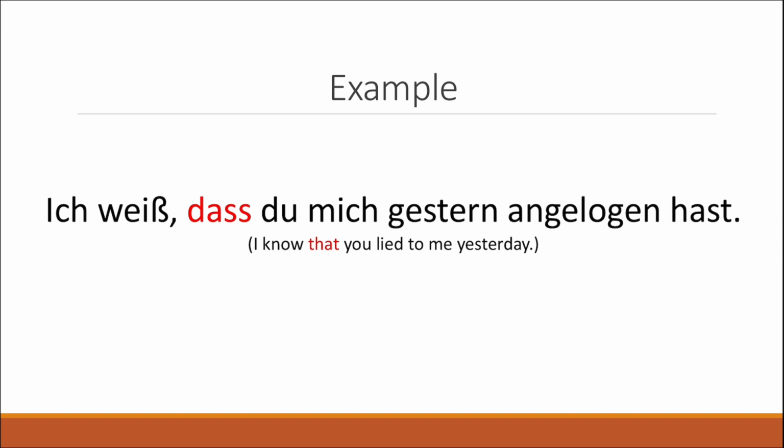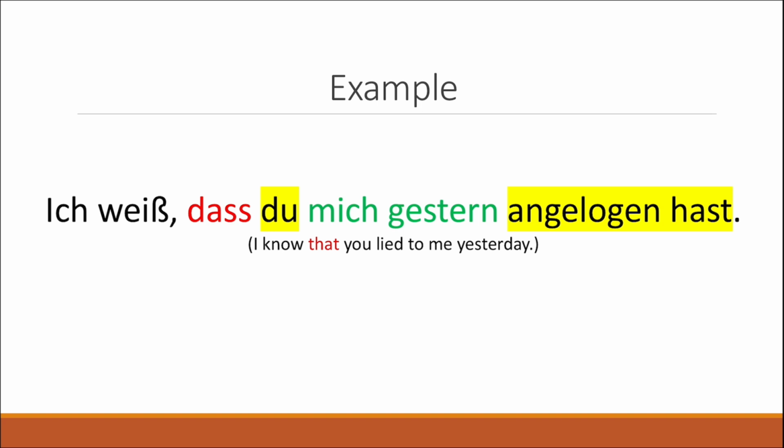Now, there's a few things you have to consider while building such sentences. The most important one is that while building a subordinate sentence, you have to pay attention to the position of the verbs and of the complements and so on. So you know that for subordinate sentences, the subject comes right after dass, so you have du. Then you have all types of objects, direct objects, indirect objects, right in the middle between the subject and the verb.